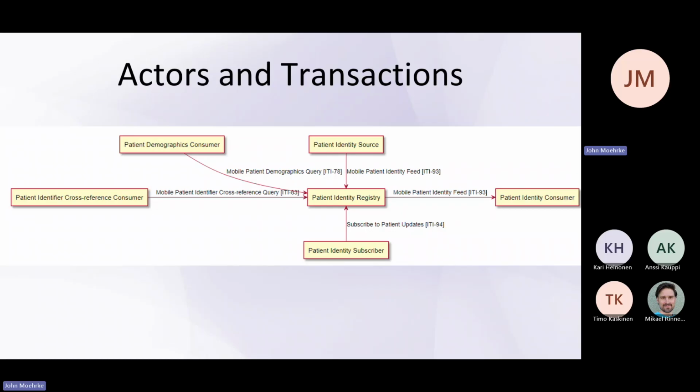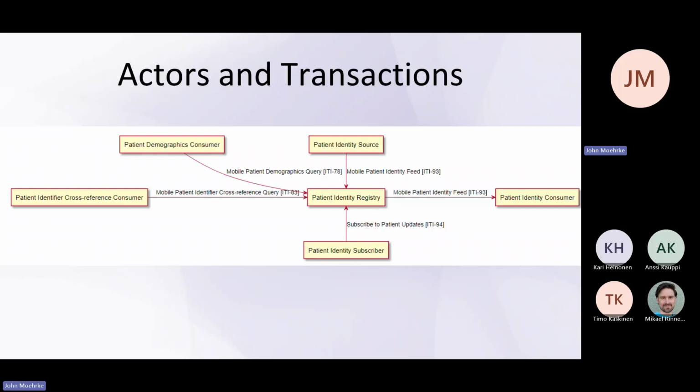So on the left is patient demographics consumer doing an ITI-78. That's PDQm. That's treating the patient identity registry as the source, the server, if you will, in a PDQm environment. On the far left, the patient identity cross-reference consumer is PIXm, where the server is the patient identity registry.